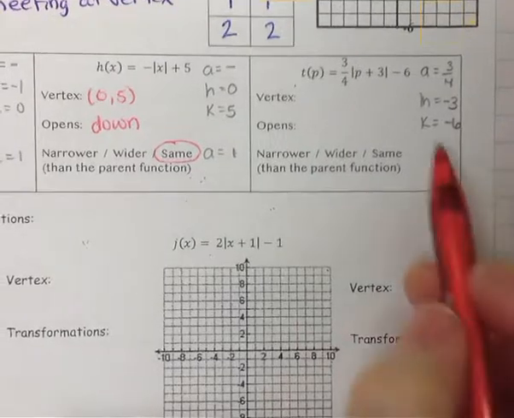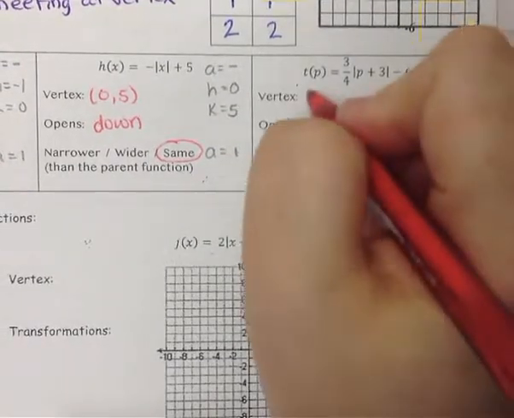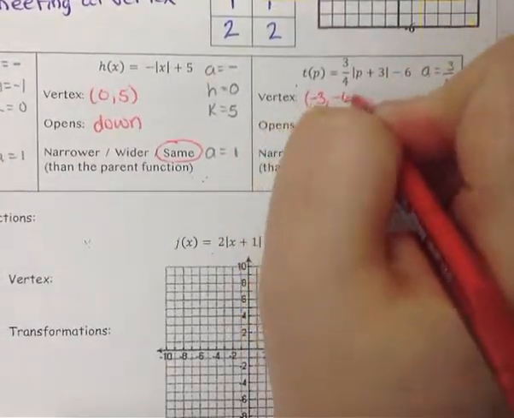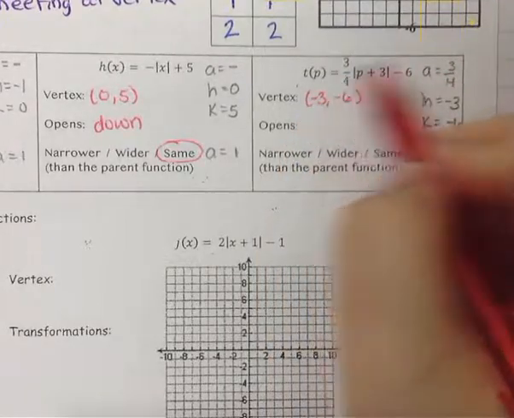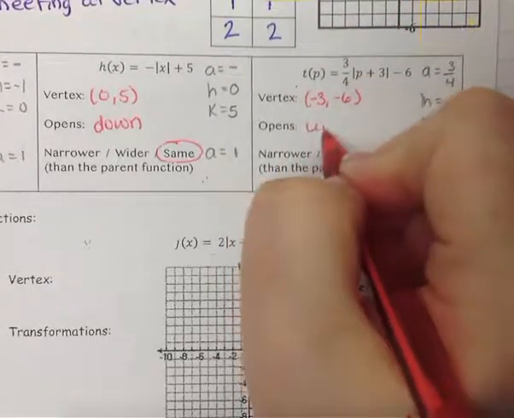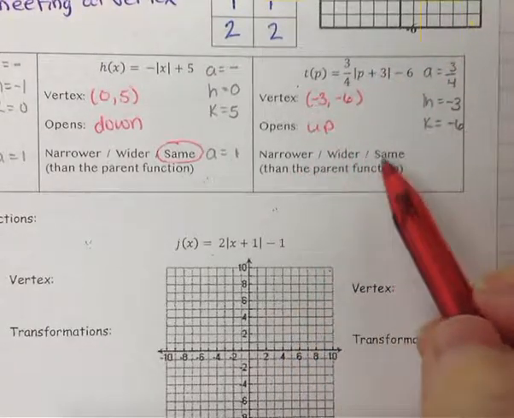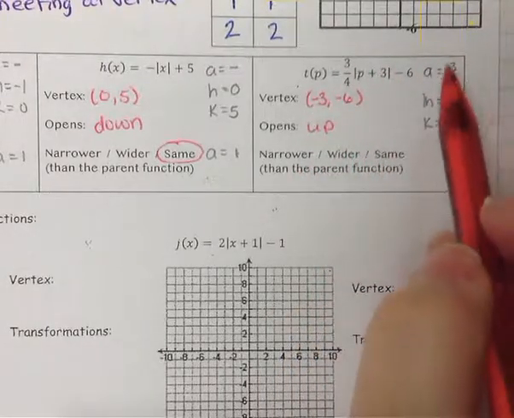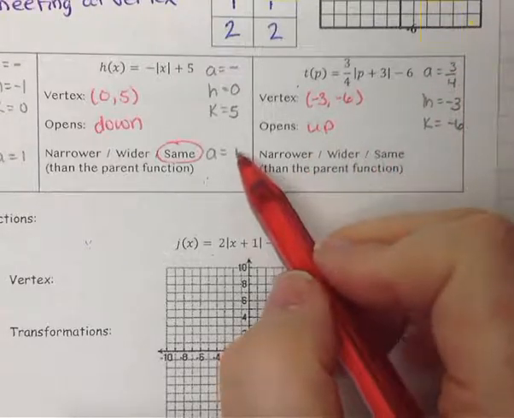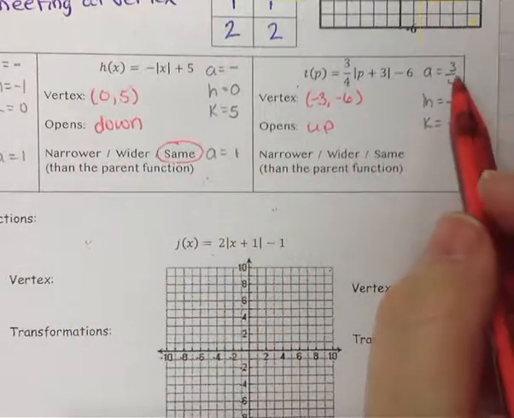So our vertex will be that negative 3, negative 6. The a value was a positive, so it will open up, so it's not going to reflect. But now we look at narrower, wider, or the same. That's that number of your a. So over here, they were all still 1s, but now the a value has changed.